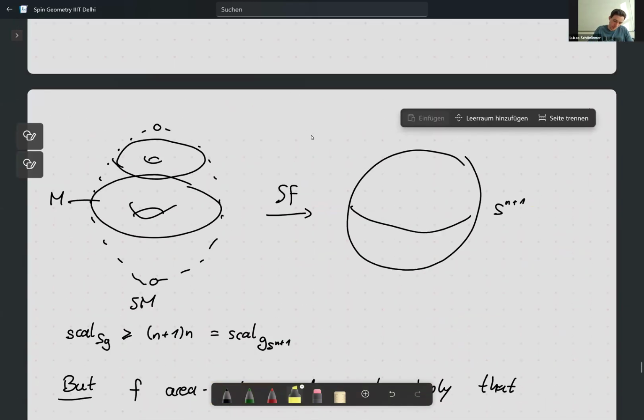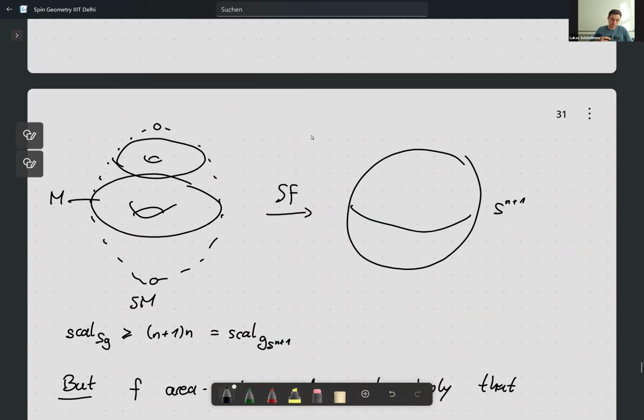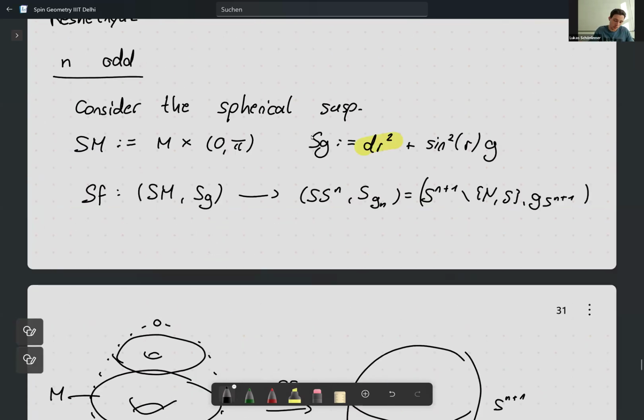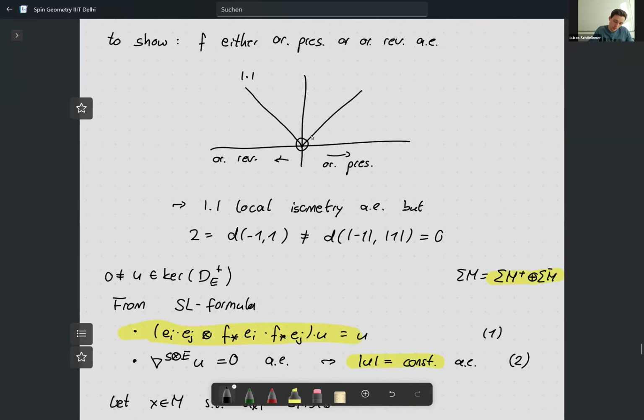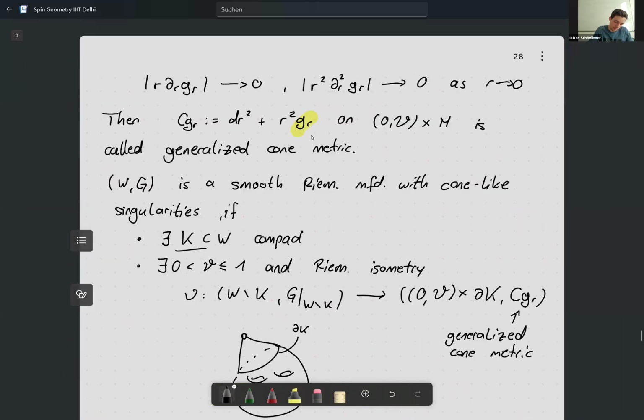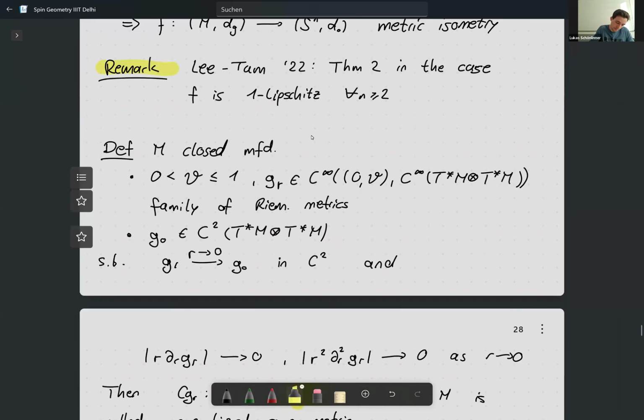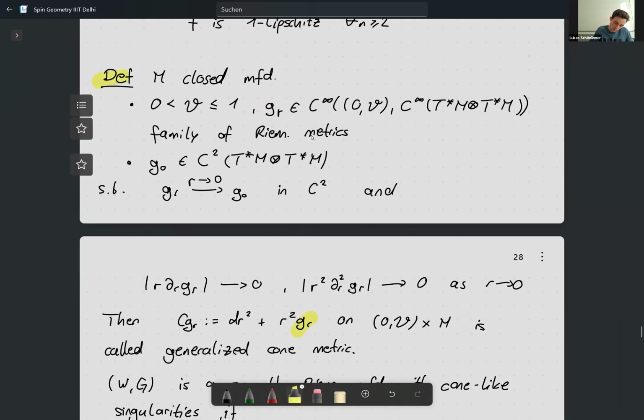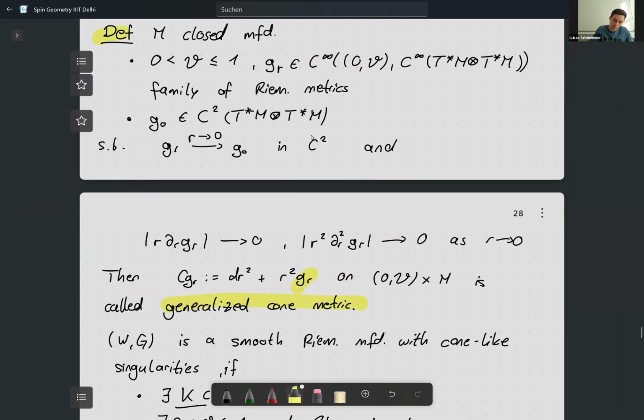And this spherical suspension, we can interpret this as a manifold with cone-like singularities, because here this north and south pole will be cone singularities as I defined here, this definition here. So this will be an example of generalized cone metrics.